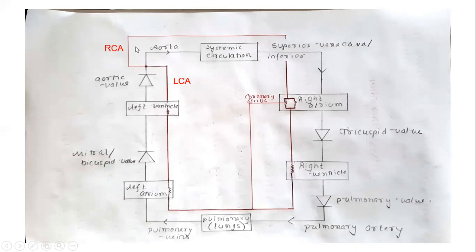Now, while flowing through the right coronary artery and the left coronary artery, the blood experiences resistance through the ventricles and the atriums. These are indicated by the resistance shown here.